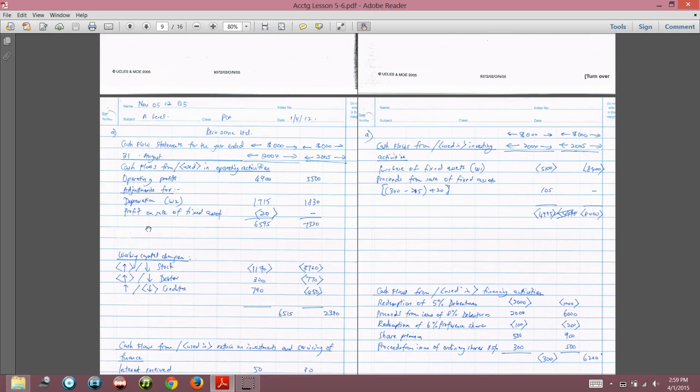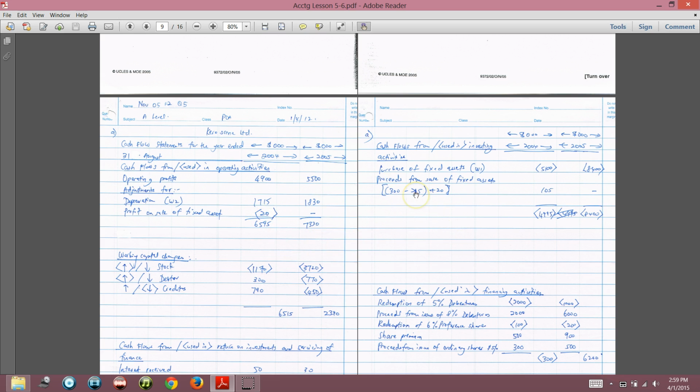Additional information number 1 says the plant that cost 300,000 was sold at a profit of 20,000. So the profit on sale of fixed asset, the 20,000, was already included in operating profit. So now we minus it out from operating profit. That's why you minus. That's how we get this 20,000.